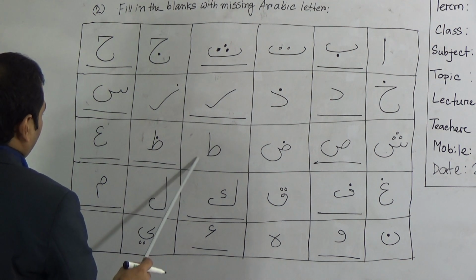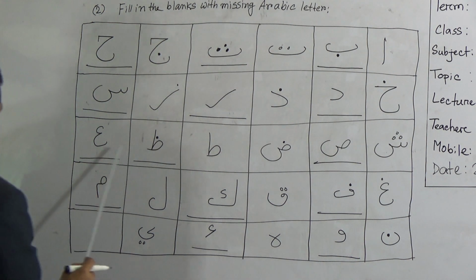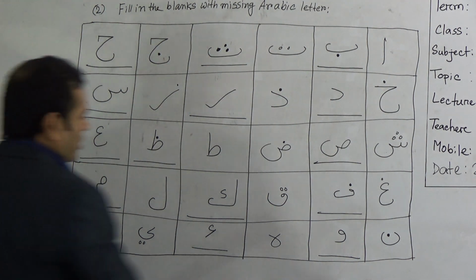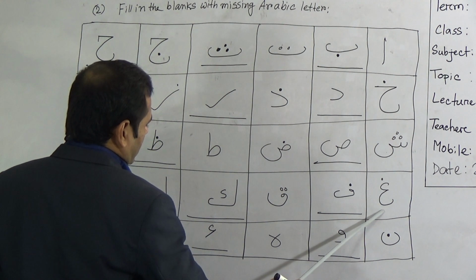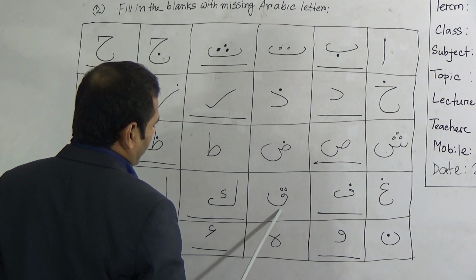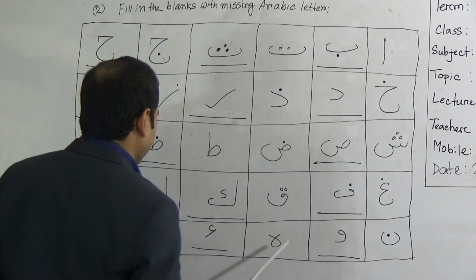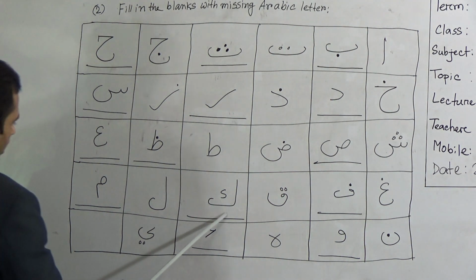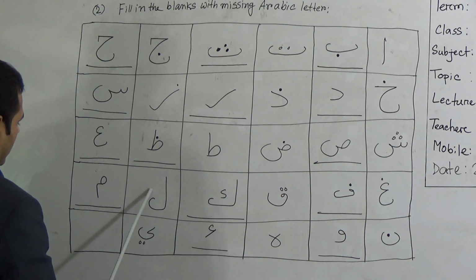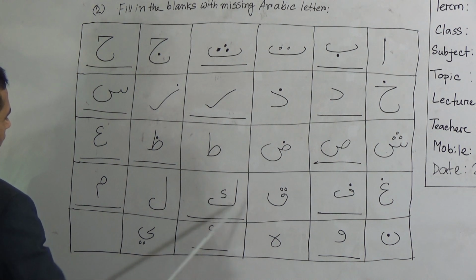So after tua, two letters come, zua and ain. Now ghain is given, qaf is also given. So between ghain and qaf, fa comes between two letters. Now dash, qaf and lam. Between qaf and lam, kaf will come.